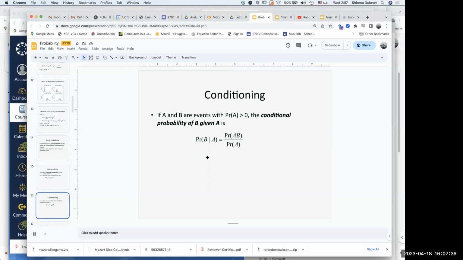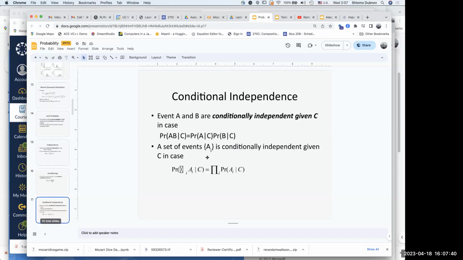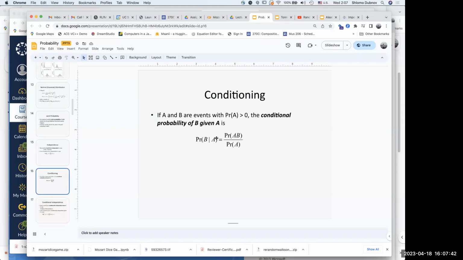And this will lead us to Bayes' rule that we'll use much later, but I would like to cover it today. This is Bayes' rule. It tells you this notion of conditional probability. If you have an event A that you know happened, what is the probability that event B will happen?